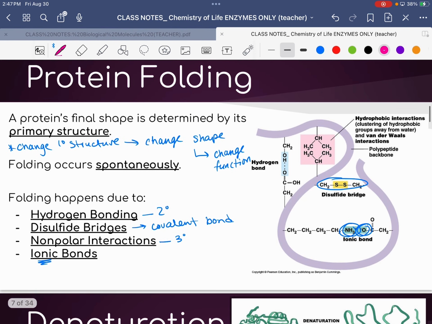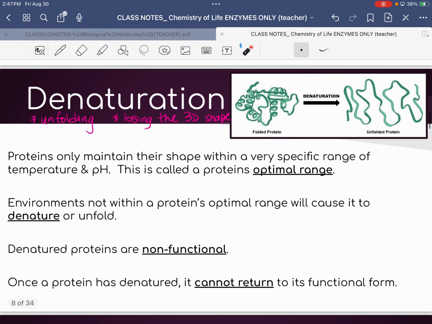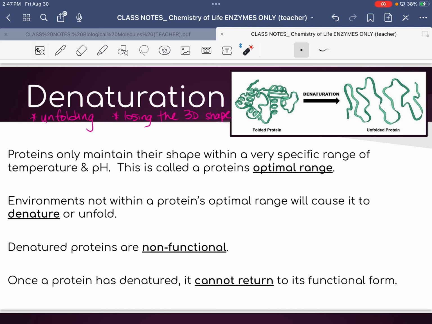We can cause the protein to change its shape by changing the primary sequence of the polypeptide chain, but we can also cause it to change shape or unfold if we change the environment that it's in, especially the temperature and the pH. Proteins are really sensitive to changes in temperature or in pH. So they need to have a very specific range of temperature and pH.